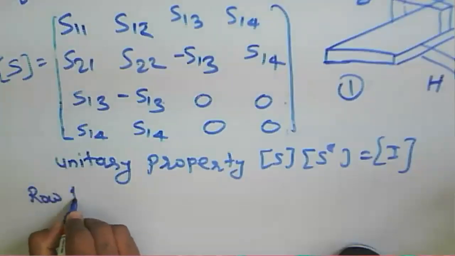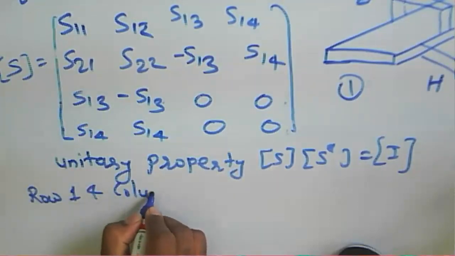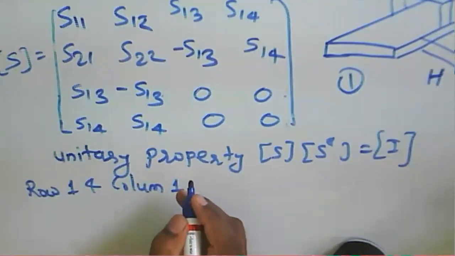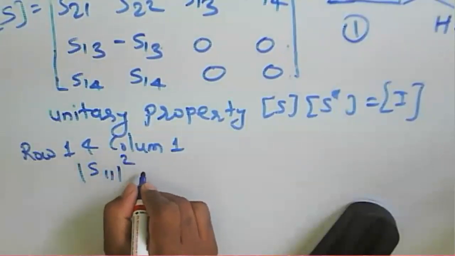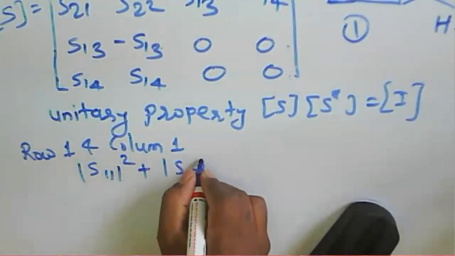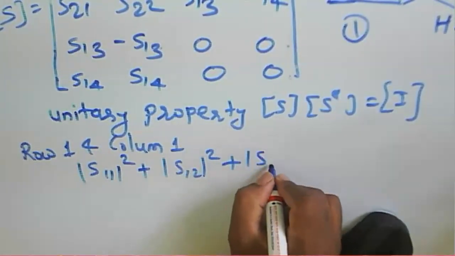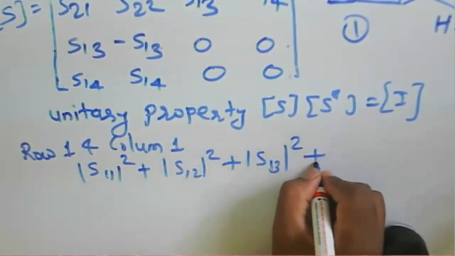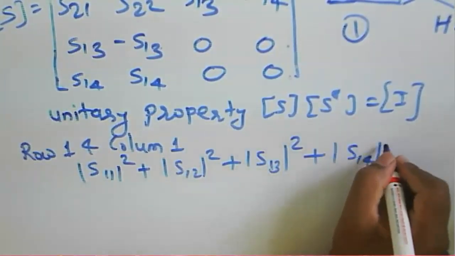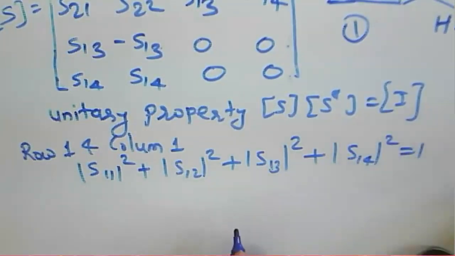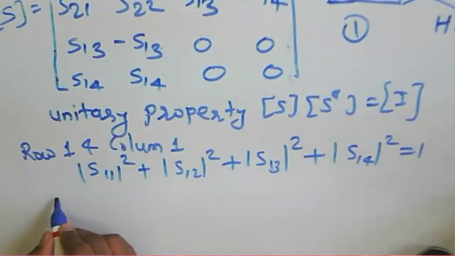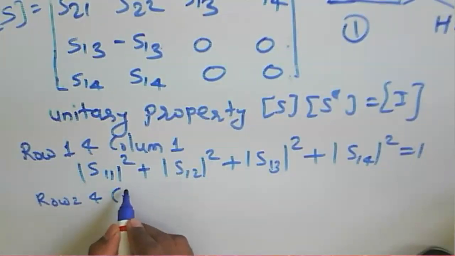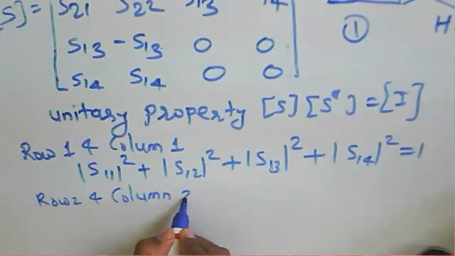Multiplying row 1 and column 1, using that we'll get S11 square plus S12 square plus S13 square plus S14 square is equal to 1. Then next we take row 2 and column 2.